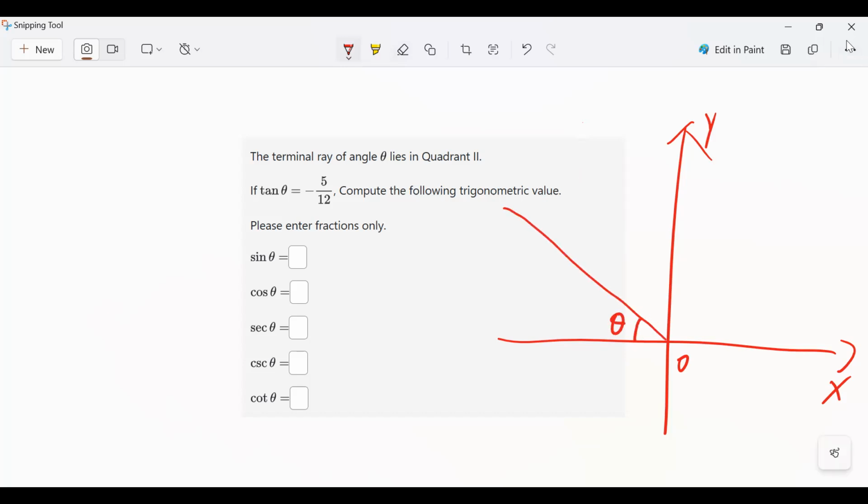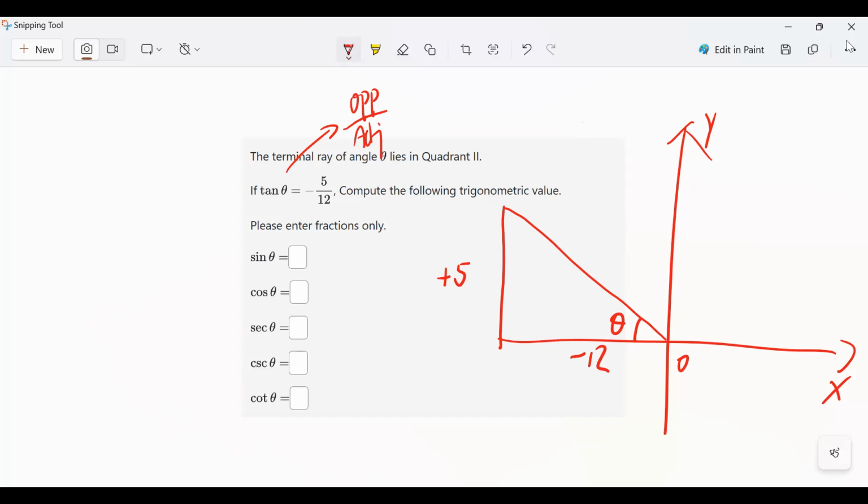And this is angle theta. Assuming the tangent is opposite over adjacent, in the second quadrant, the y value is positive, right? So this is positive, this is negative. So the opposite will be positive, 5 units, and the adjacent side will be -12.